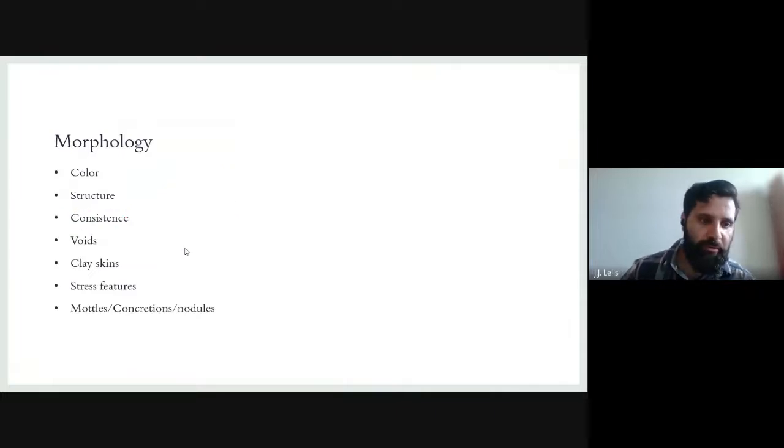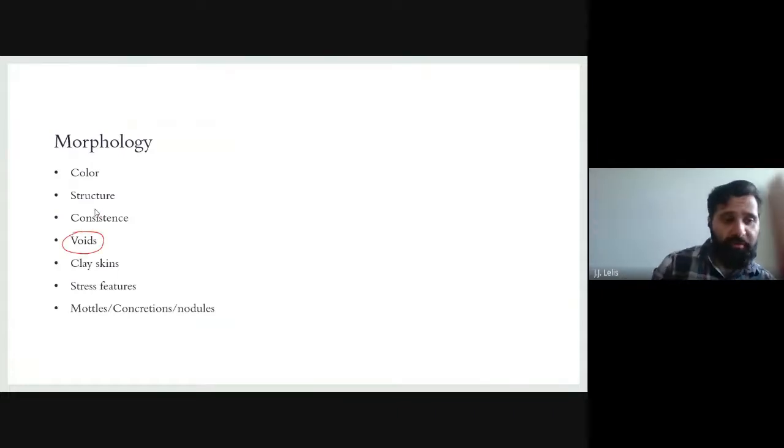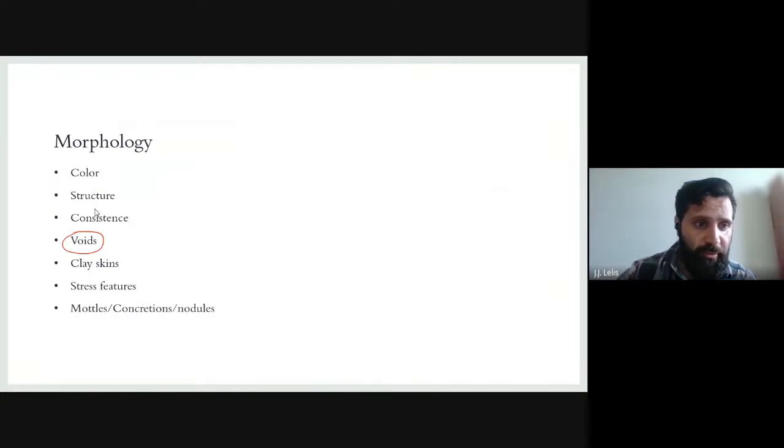We also describe the presence and type of voids, the quantity of voids too. In roots, we are always describing voids and roots. We also describe the presence, if they are present, of course, of clay skins, how much we could describe and how easily we could find them.